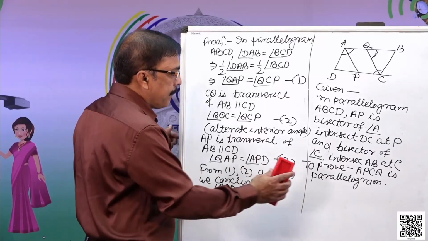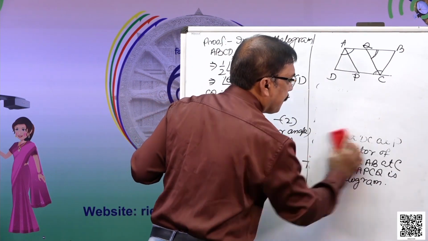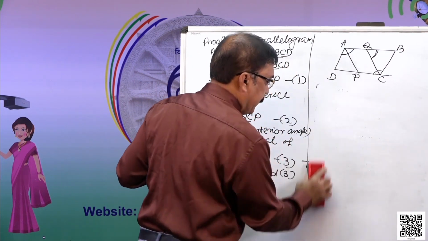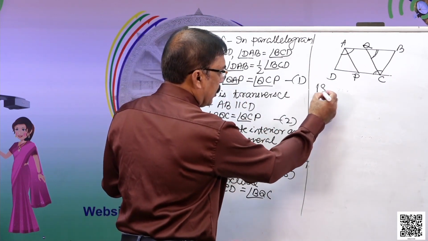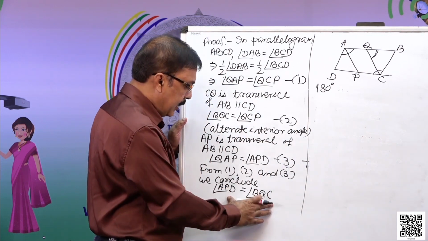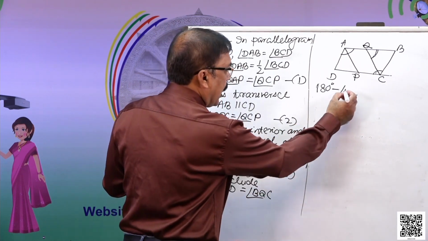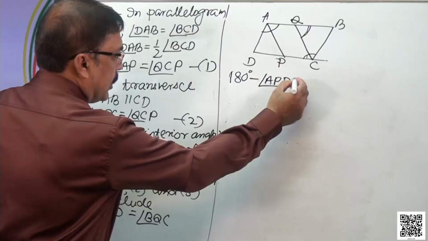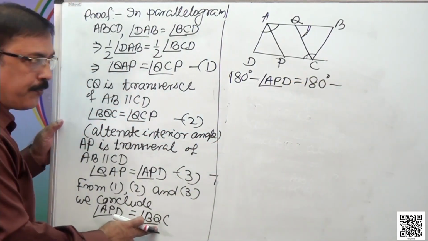So let's see, if we subtract these angles from 180 degrees on both sides, we have 180 degrees minus angle APD is equal to 180 degrees minus BQC.